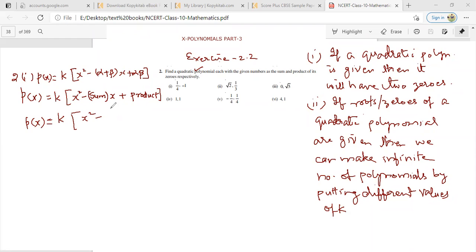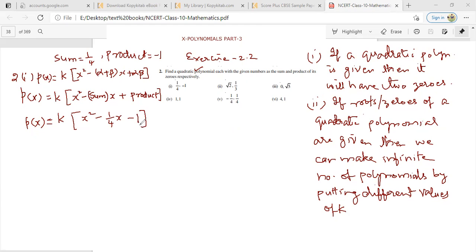So x square minus sum. Sum is given here in question number 1. In question number 1, sum is 1 by 4 and product is minus 1. So we can put directly sum as 1 by 4 x minus product is 1.